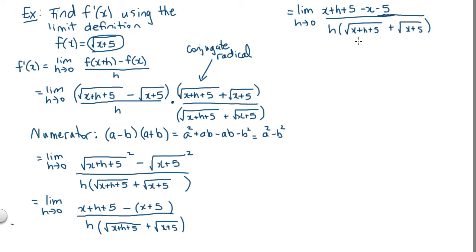All right, so we get a little bit more cancellation now in the numerator. The x and the minus x are going to cancel. The 5 and the minus 5 are going to cancel. And that leaves us just with a nice h in the numerator. So we've got h over h times our conjugate radical.